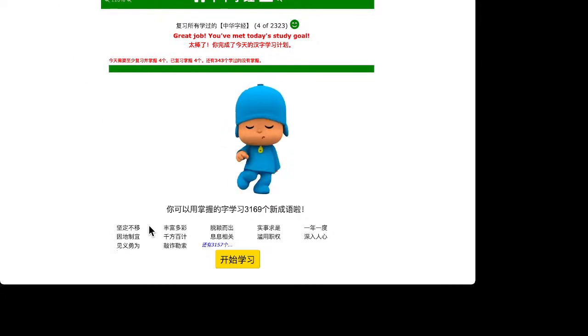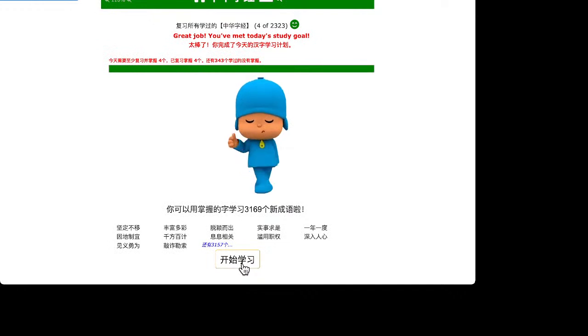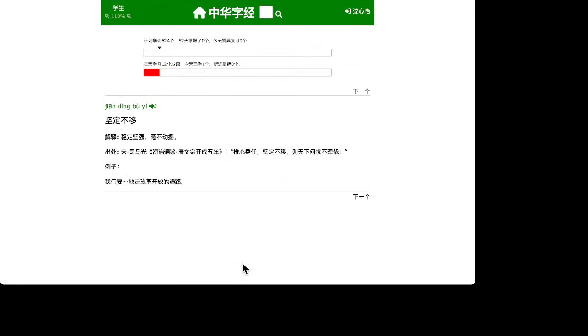Our new feature. Here we got 3,169 idioms and phrases that we can learn using the characters that we have learned thus far. So that's a new function that I actually haven't tried yet. Let's see. 坚定不移.